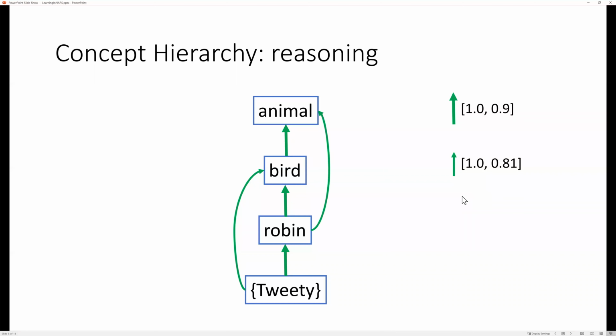The same thing here. You can say from robin is a bird, bird is an animal, then you have robin is a type of animal with the same confidence. And finally, of course, you can build these together by using this as a premise. You already know Tweety is a bird and the bird is an animal, then Tweety is an animal. So the conclusion of one step of inference can be used as a premise of the next step.